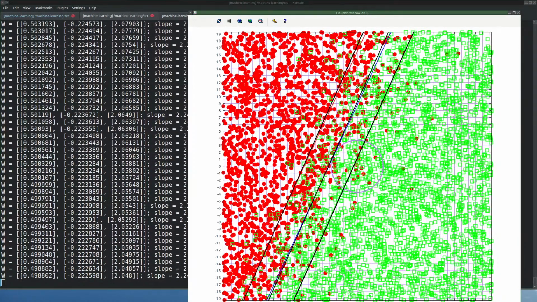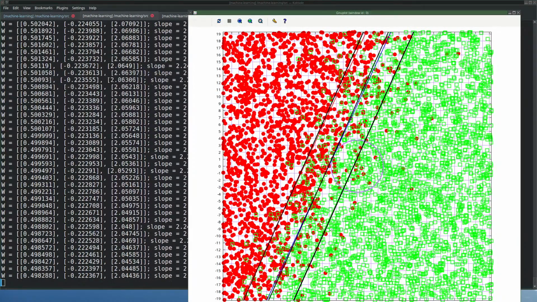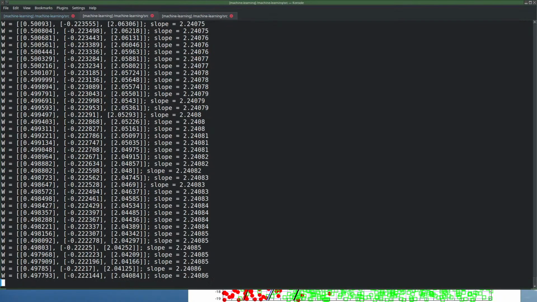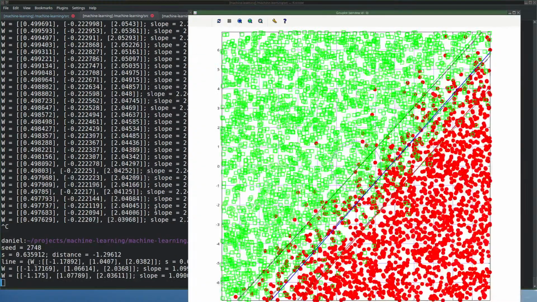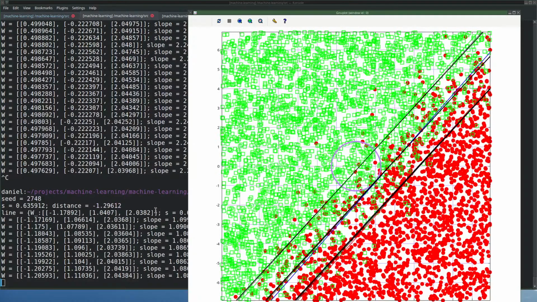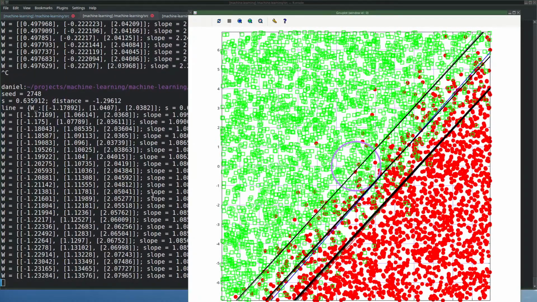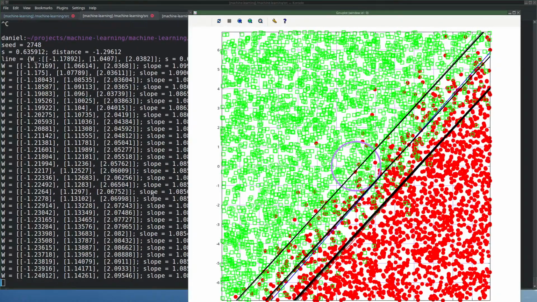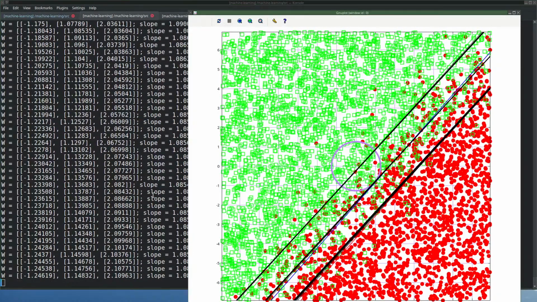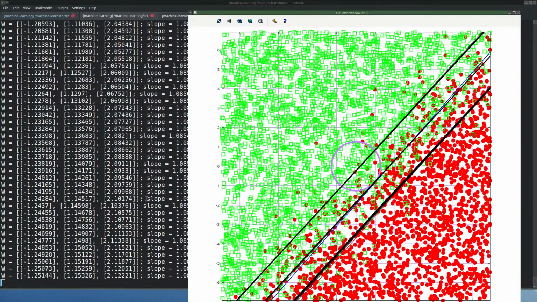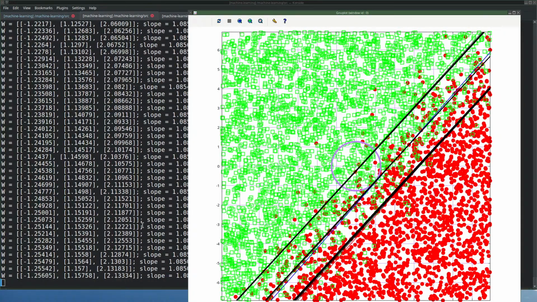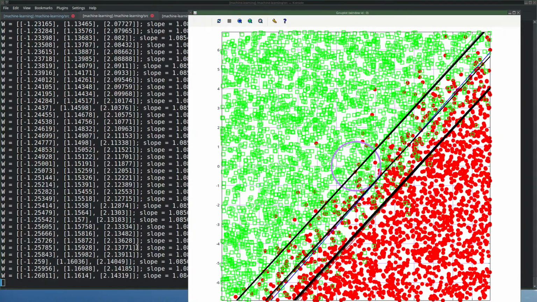It's a little bit rotated, but yeah, why not? I mean, these points are randomly distributed. Oh, this one is moving. Slowly. But I guess in the end it's stabilizing as well.